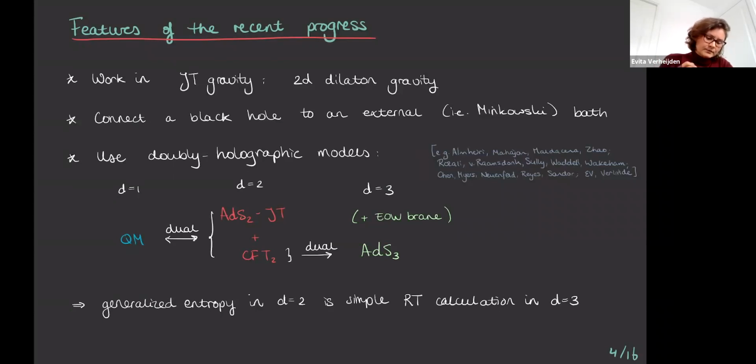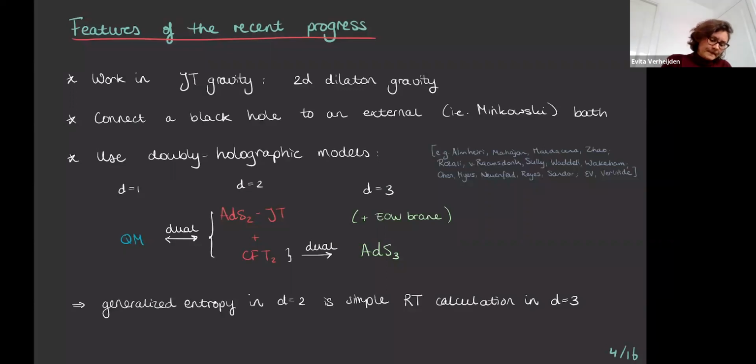Many of the recent papers also use a trick that's known as a doubly holographic model, where you start in a d-dimensional spacetime. For simplicity, let's look again at d equals 2. So you have some gravitating region coupled to typically conformal matter. The entire system is dual to a quantum mechanical description, and you can discuss what happens there.